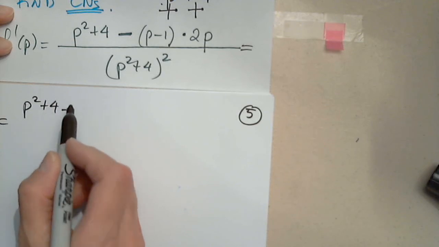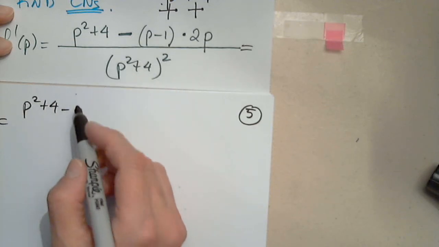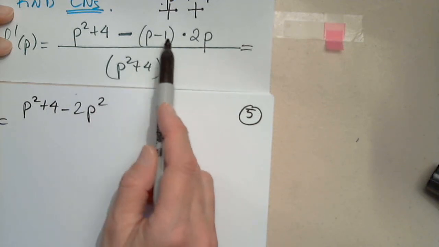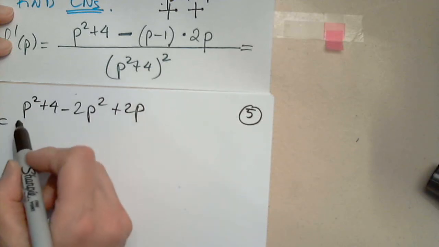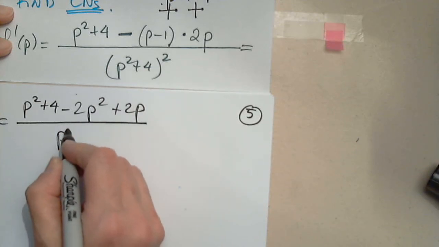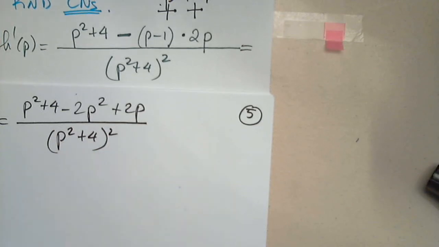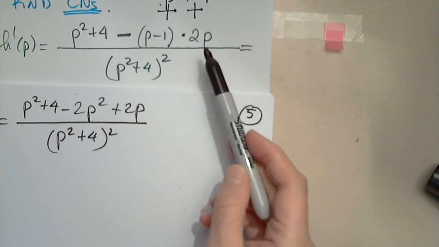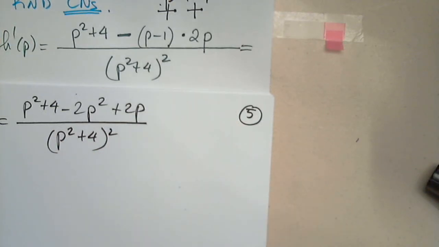P squared plus 4. I distribute 2p, I distribute 2p over p squared plus 4 squared. So minus 2p squared plus 2p.